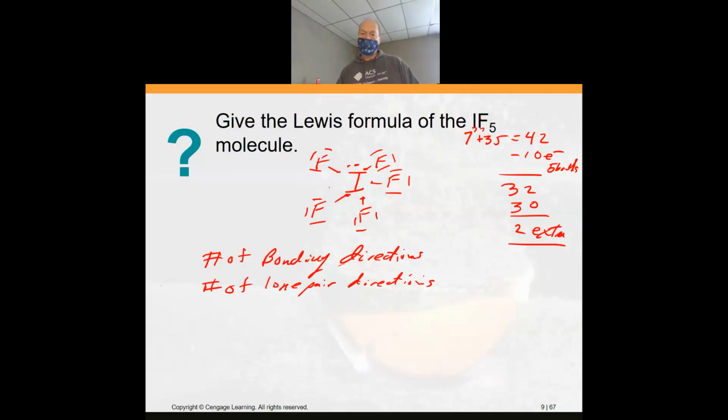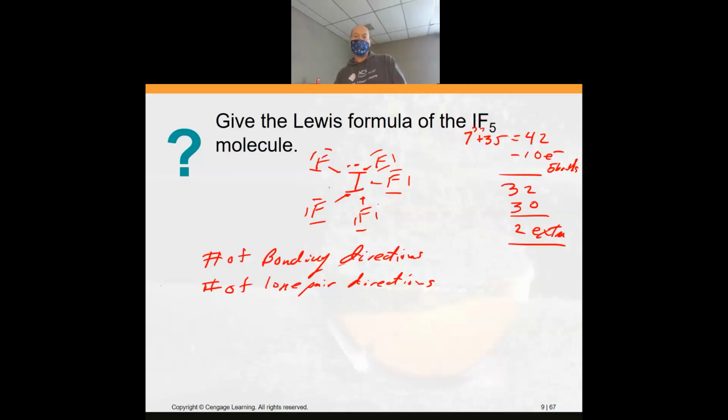And it is called directions because if you had a double bond, that is one direction. So that's two bonds, but they're going in the same direction. All right, so number of directions is important. When they're all single bonds, it's not very important. But when you have double and triple bonds, you might think that a double bond is two bonding directions. No, it is one bonding direction. It's going the same direction. Just happens to be a double bond.